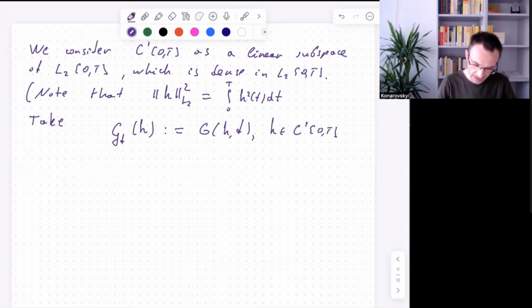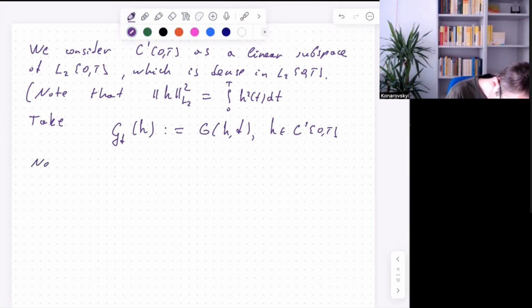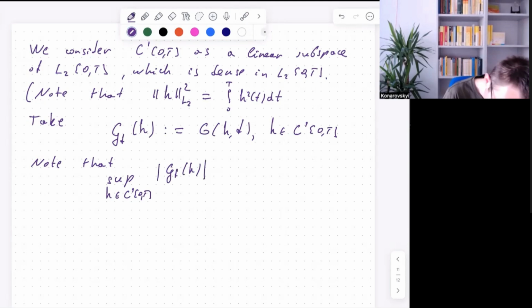You have a linear operator now on the dense subspace of the L2 space. And let's note that the supremum over h from C1 of g_f(h), if I put the square, so the absolute value, and then I will put here the norm of h, is bounded.